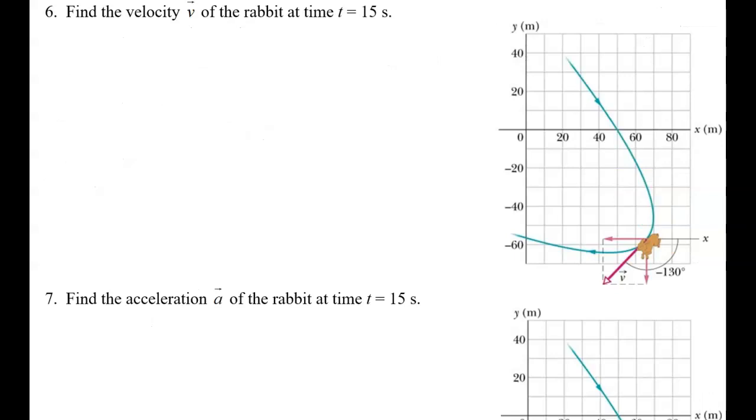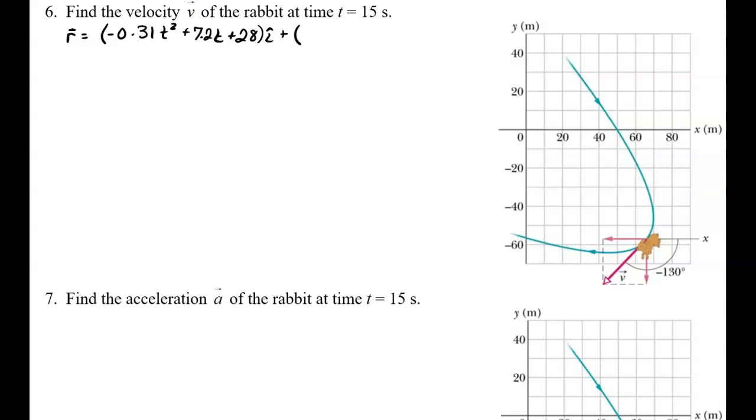So if we wanted to find the velocity of this rabbit, remember I said last on my position function was that negative 0.31 t squared plus 7.2 t plus 28. That's in the x direction, so that's an i hat.